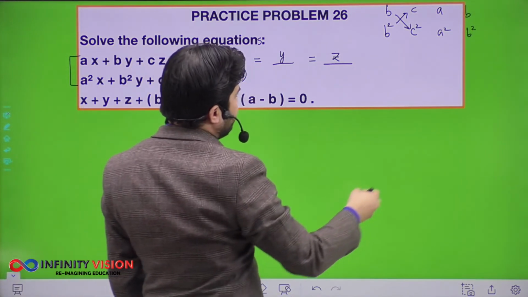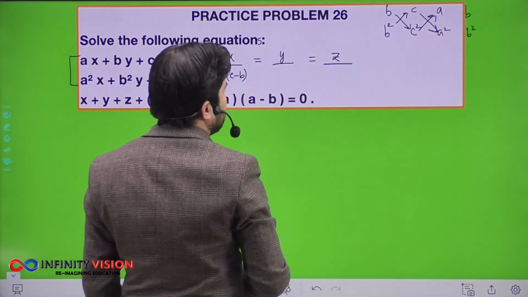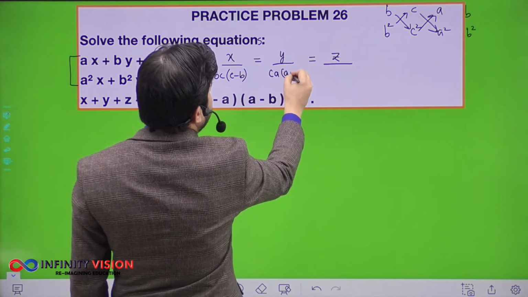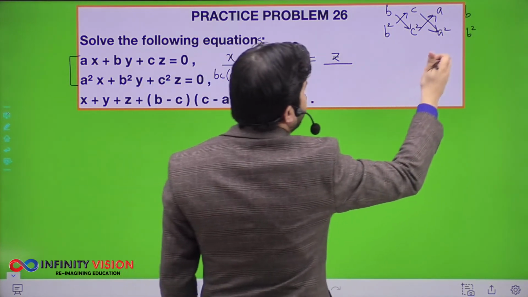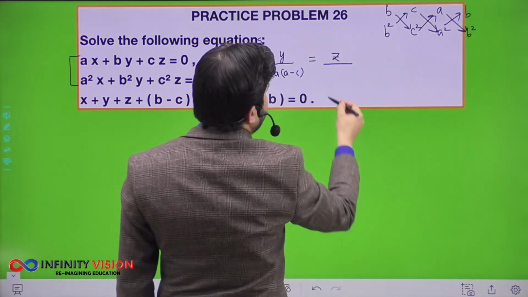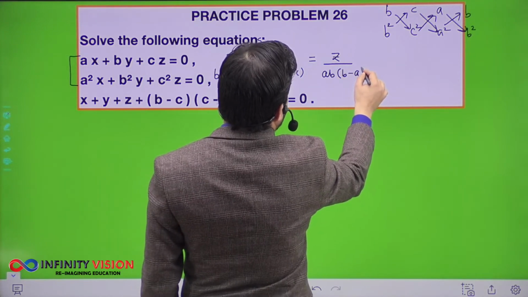For the second guy we have ca square, so ca would be common, so ca into a minus c, and your z would be ab square minus a square b, so you can take ab common, so it would be b minus a.